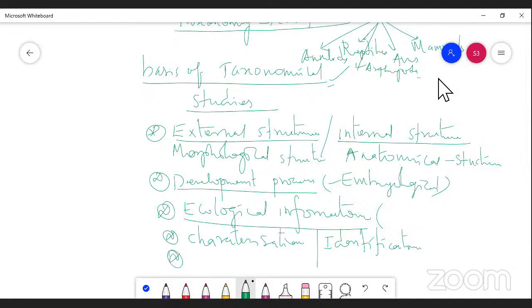Nomenclature means giving a scientific name. That is called nomenclature. It is essential for each organism.